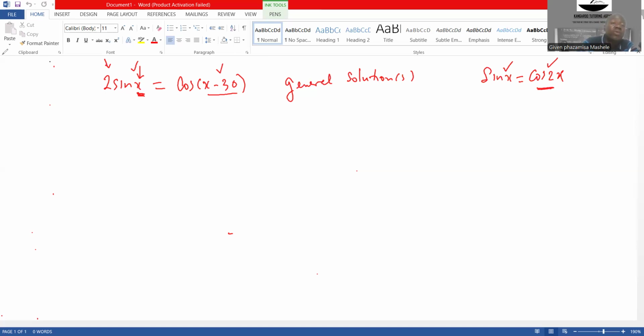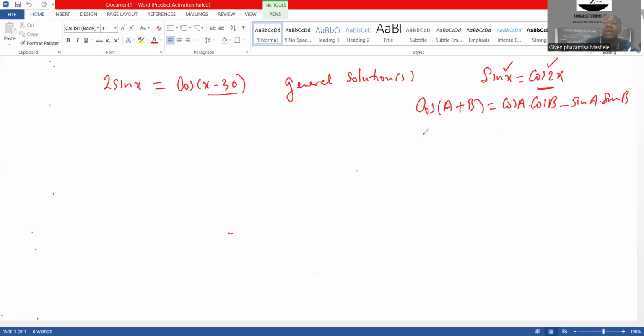Okay, fine. When you look at the expression on the left, it's just 2 sine x, it's just a trig ratio. But on the right, we have cos of x minus an angle. We know this is now a compound angle for cos, because we know for cos of an angle, let's say a plus b, this equals cos a cos b minus sine a sine b.